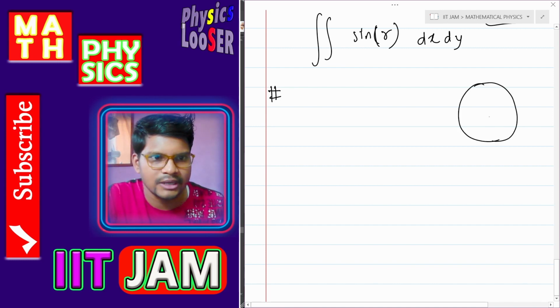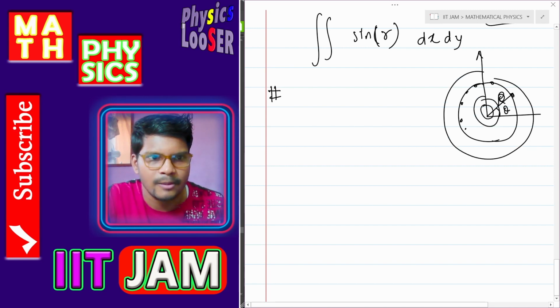As you can see, if you have a circle, then it has a radius, let us say r, and theta is changing. So you can go from here to here by just changing that angle. And suppose you have concentric circles like this, this, and this. By changing r, you can go from one circle to another circle.